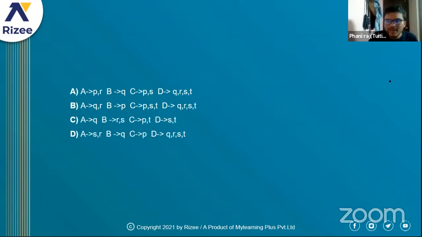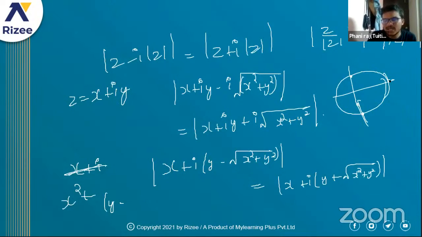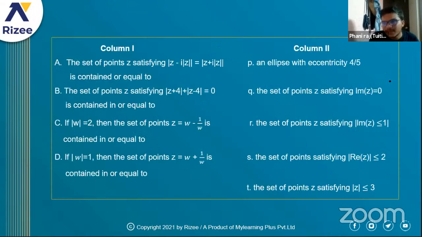See, for equal to, obviously imaginary part of z less than or equal to 0 would suffice. Suppose imaginary part is less than 1 also, it's contained, right? I mean, the set of all the distances from those two points may not be same, but it is contained. So the first option would be Q comma R. We'll do the second one also similarly.